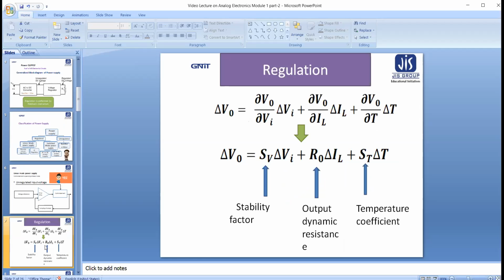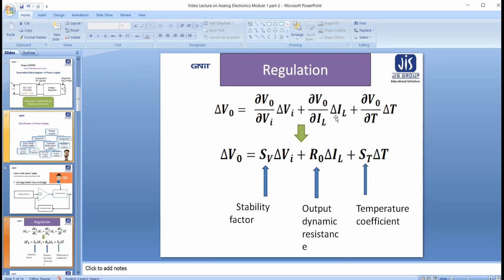Now, the fundamental idea about the regulation is represented as a change in the output voltage, that is del V naught, which equals del V naught by del Vi into delta Vi, plus del V naught by del IL into delta IL, plus del V naught by del T into delta T. That means the change in the output voltage is dependent on the change in the input voltage.